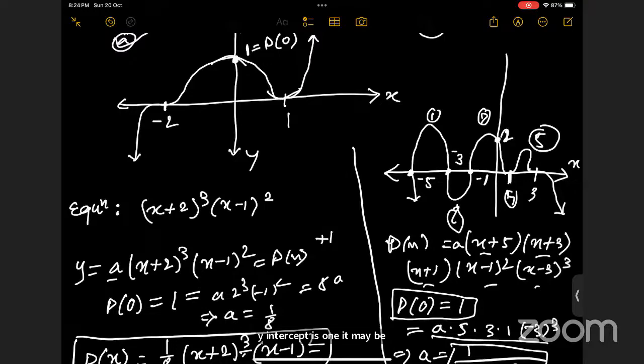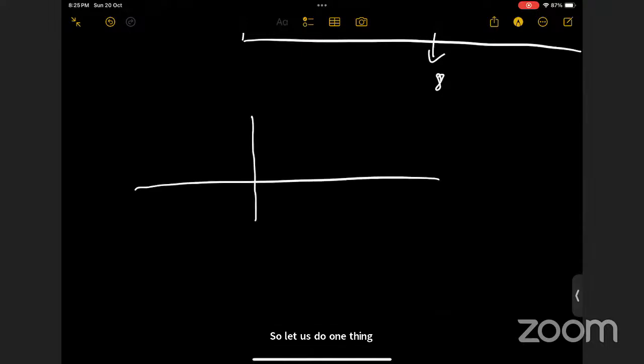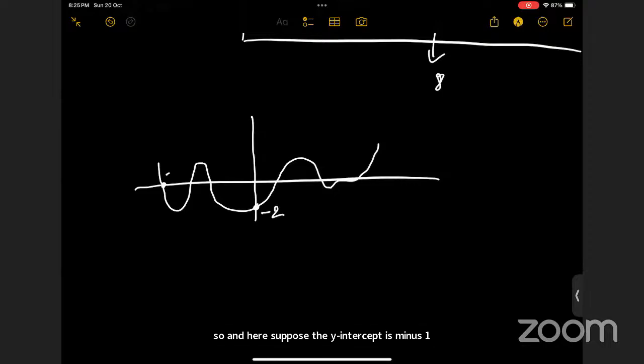Yeah, this type of thing also may be there. Suppose the y-intercept is -2, then at x equal to 0, we have to equate p of 0 equals -2. Okay. That's true.